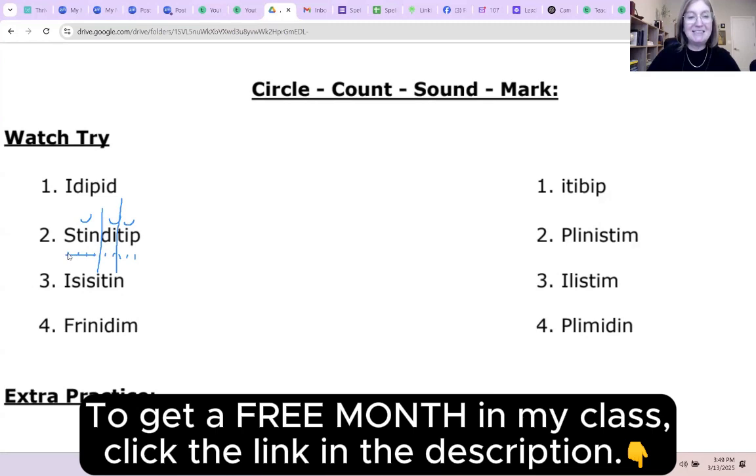Stin. Second part, di. Put these 2 together. Stind. Third part, tip. All 3 parts. Stind, tip.